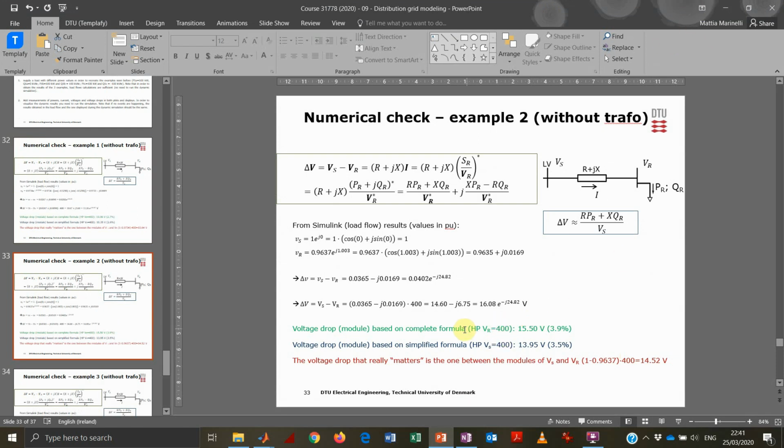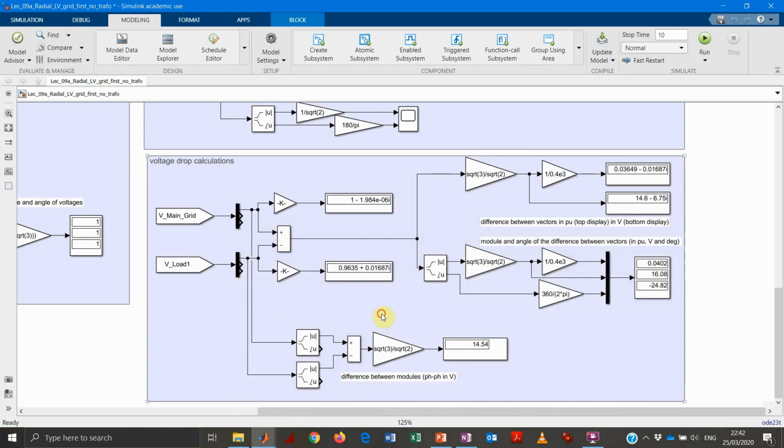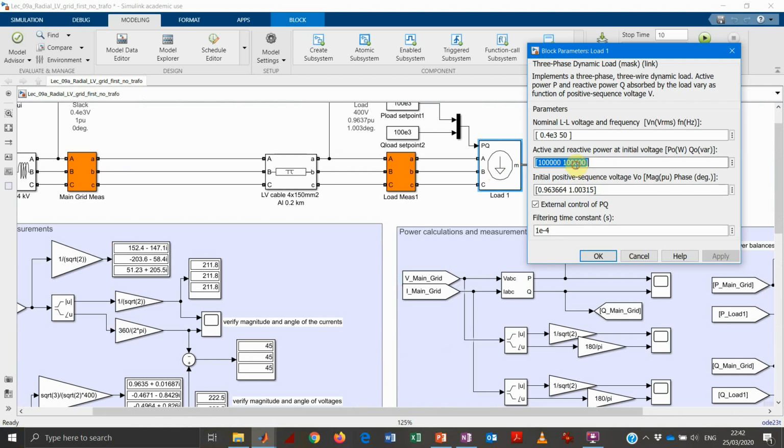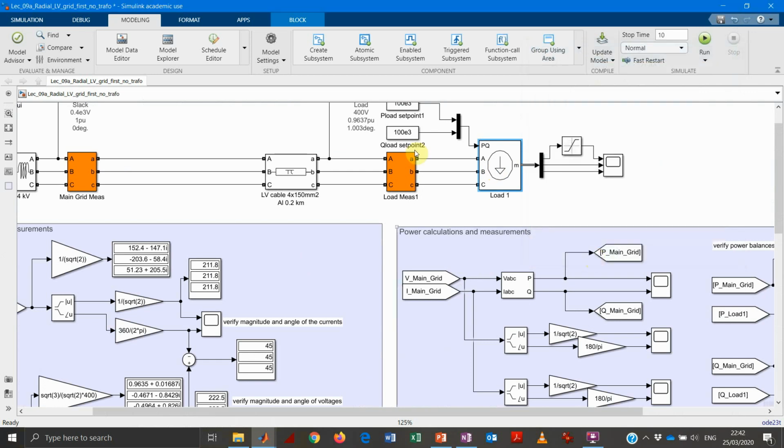And again, the comparison with the complete formula and the simplified formula here. And the final case would be to take the minus 100 kilovolt ampere reactive here.